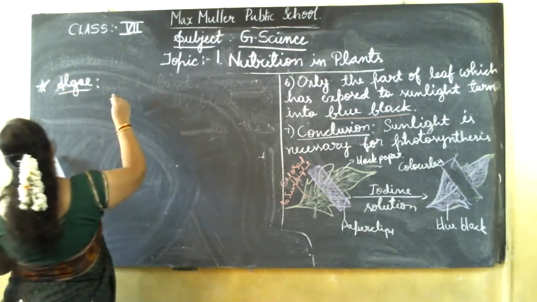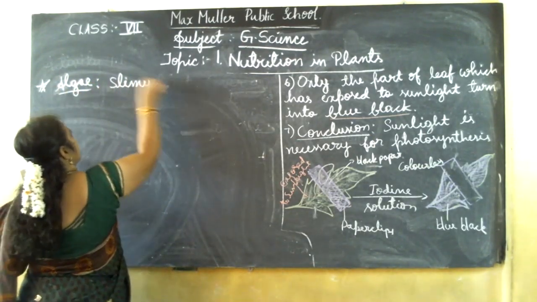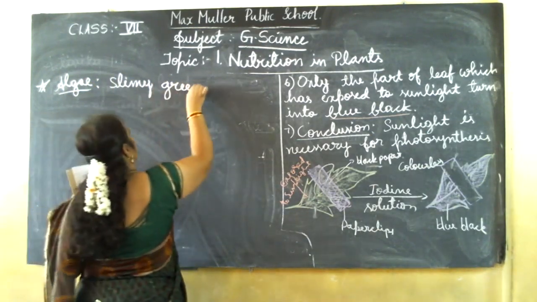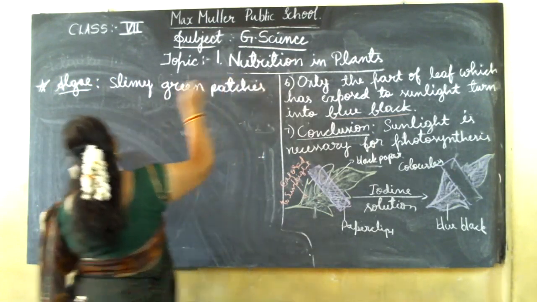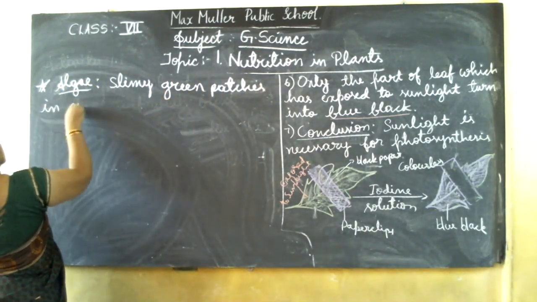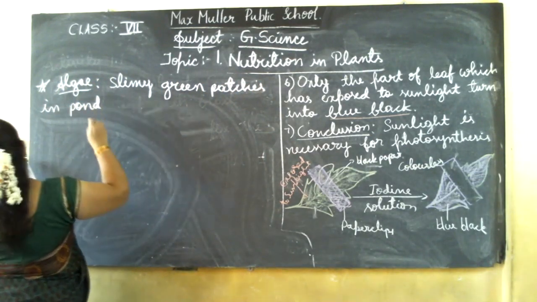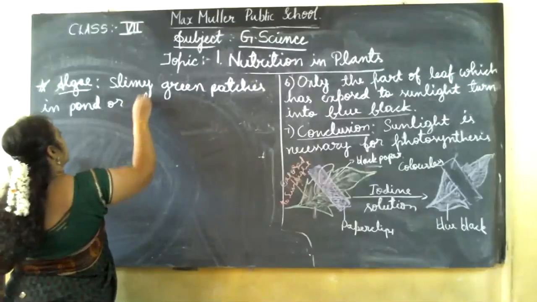So algae means slimy green patches in ponds or stagnant water.